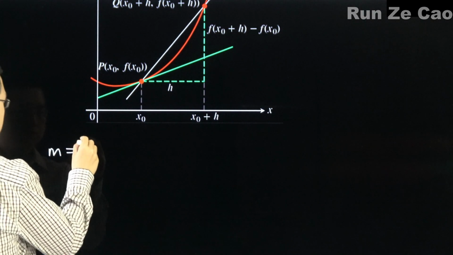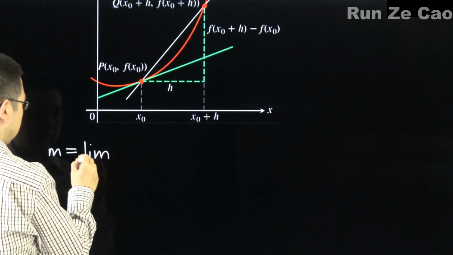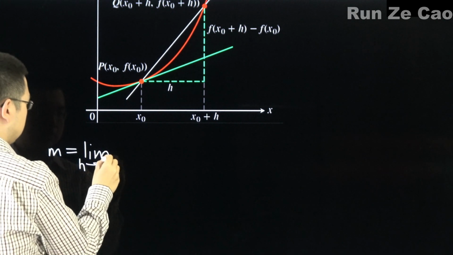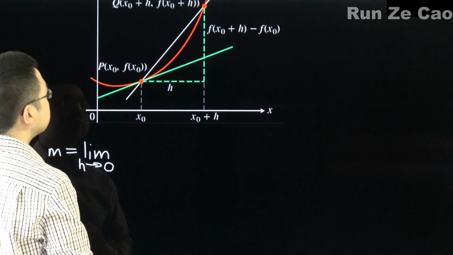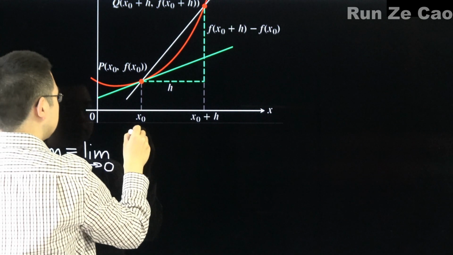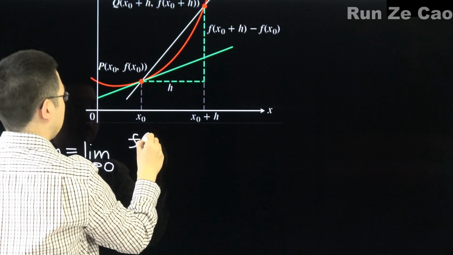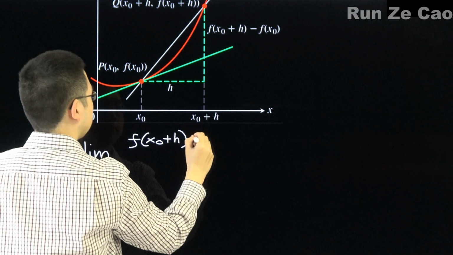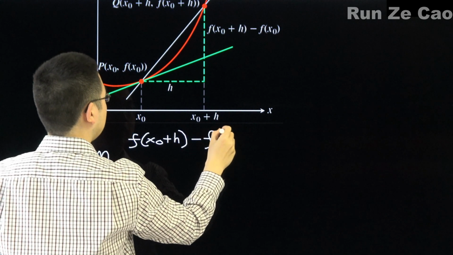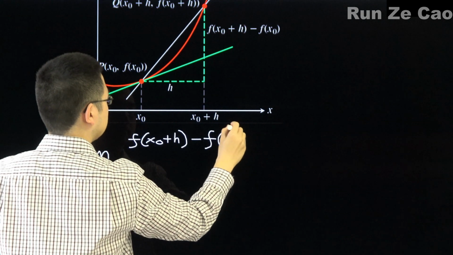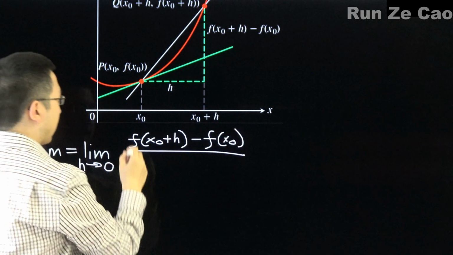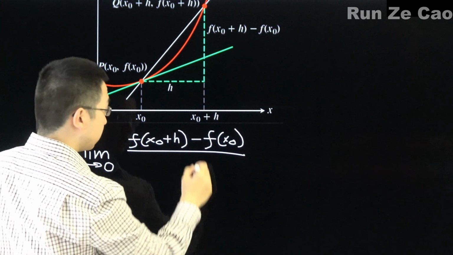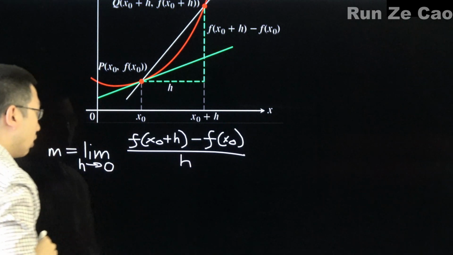So, m is equal to the limit as h approaches 0 of f of x0 plus h minus f of x0, and this is over x0 plus h minus x0, so h. Okay.